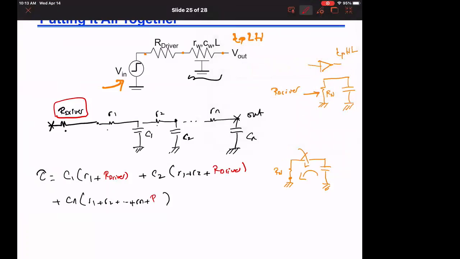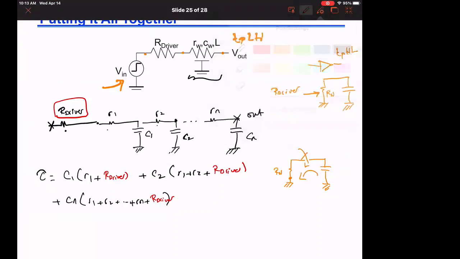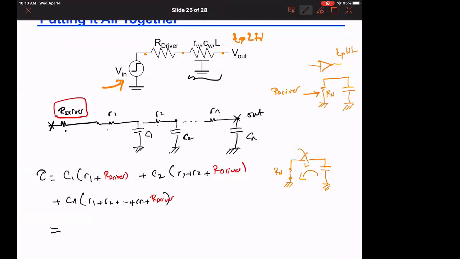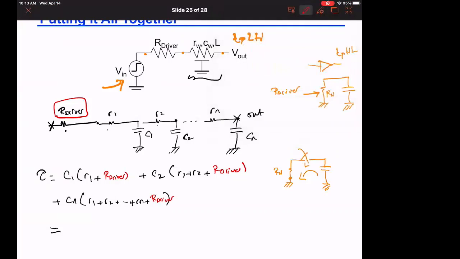So if I include the R driver in the equation and rearrange this, this quantity is really equal to, I will take R driver out and multiply it by some quantity, and this quantity is going to be C1 plus C2 plus Cn.